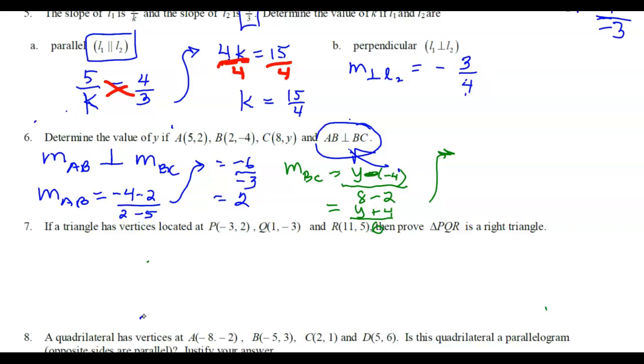Then it will be equal to the one with the variable in it. So that's going to be negative 1/2 equals y plus 4 over 6. Okay? So this is the slope perpendicular to AB.